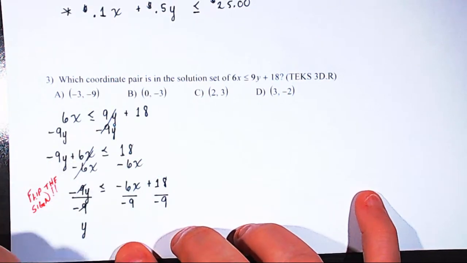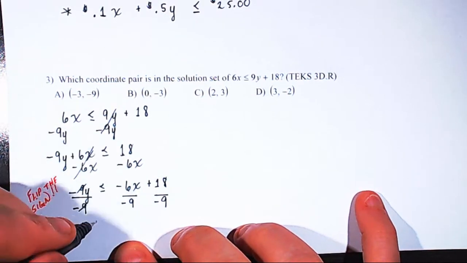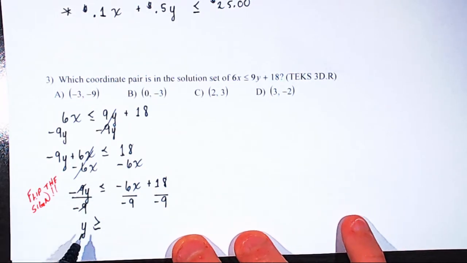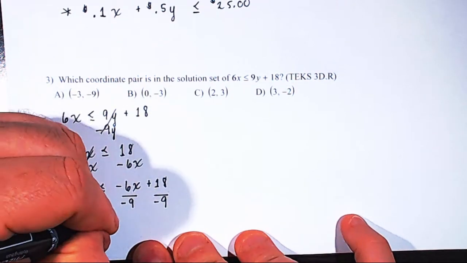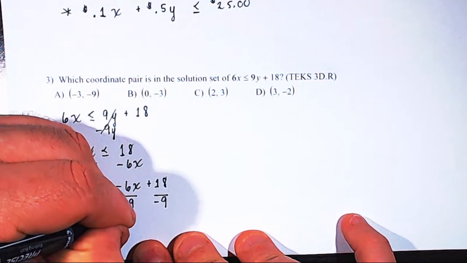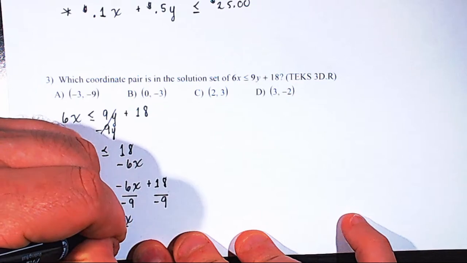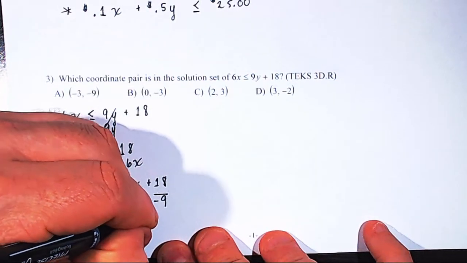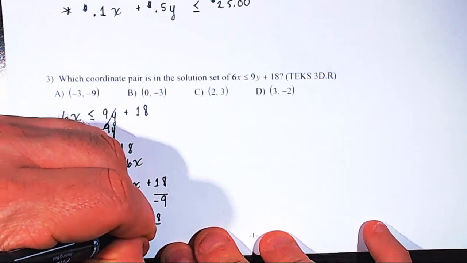So we'll say flip the sign from less than or equal to becomes greater than or equal to. All right, so y greater than or equal to negative 6x over negative 9. And then we have this convoluted thing, plus 18 over negative 9.